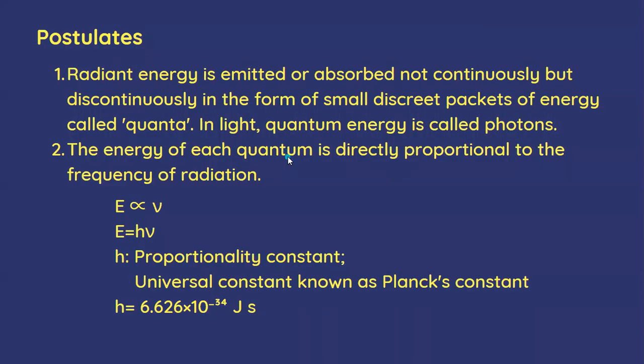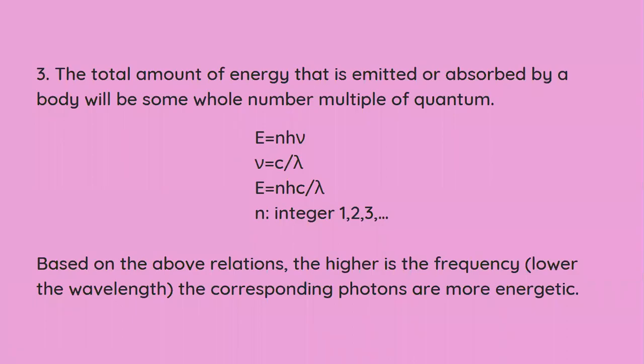From here we got to know that E is equal to h nu, and because we are saying whole number multiple, we consider it as n. And we know frequency equals c by lambda, so we merely substitute the value of frequency, and you get the answer as n h c by lambda, where n can be any integer.